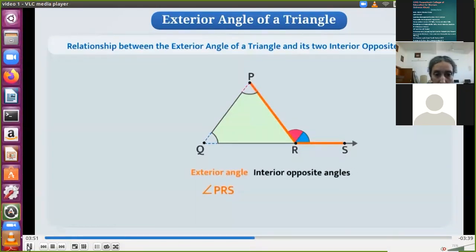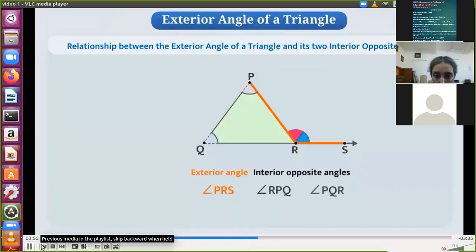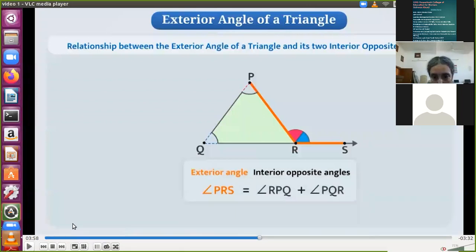So exterior angle PRS will be equal to angle RPQ plus angle PQR. This is clear from the figure.